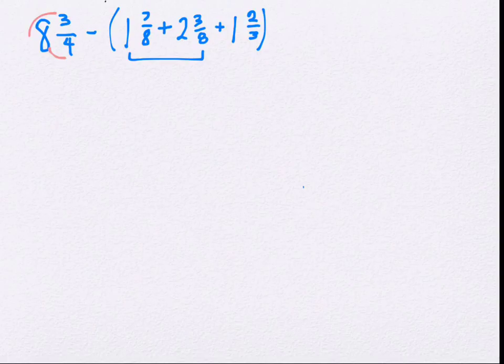What's 4 times 8? 32 plus 3? 35. So we've got 35 over 4. 1 7/8. What's that? 15 over 8. 2 3/8. 19 over 8. 1 2/3. 5/3.